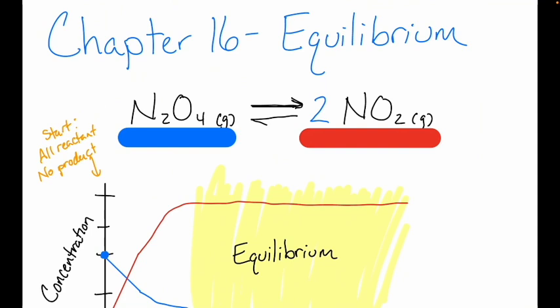It's just that every amount of reactant being converted to product is the same as products being converted back to reactants. Okay? So again, we've got to update our way of looking at reactions here. These chemical equations, they're not just pointing in one direction. There's this balance going on, a back and forth going on. Okay? And this will continue until it reaches that equilibrium where everything remains constant. Again, it's not that the reaction stops, it's just that now the concentrations of reactants and products are no longer changing.